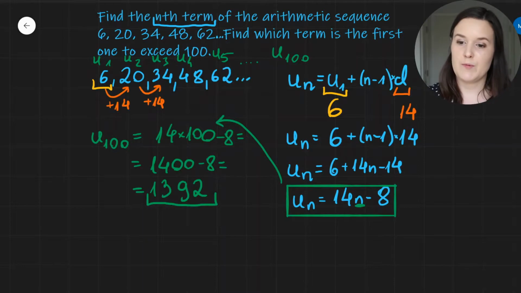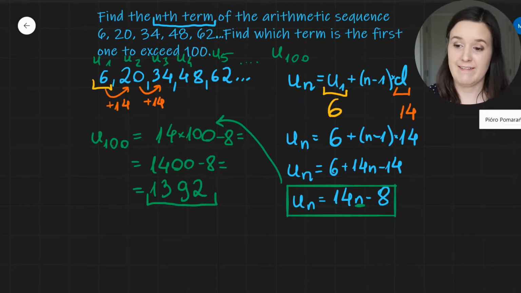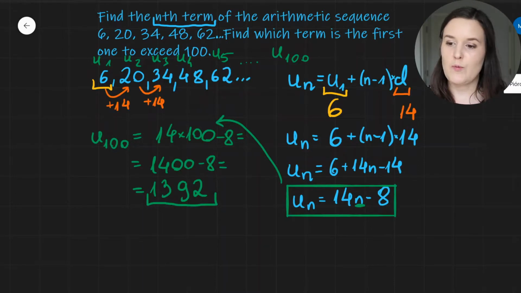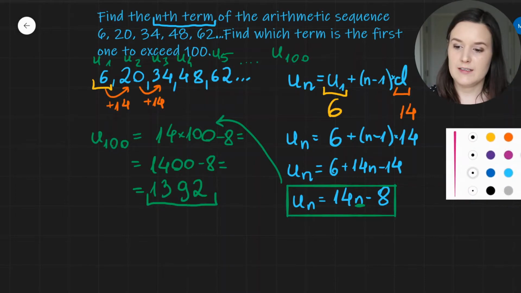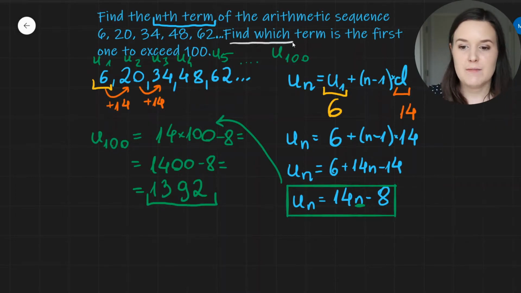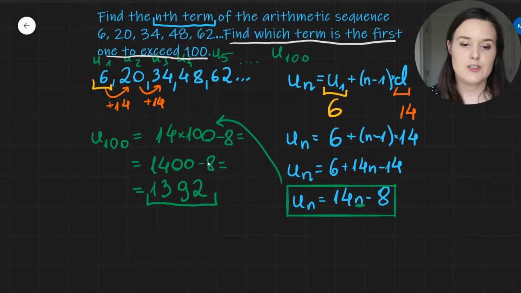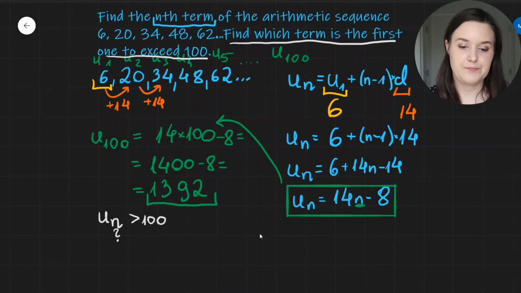So this is why we would want to find the formula. It's pretty handy. But now we have to find which term is the first one to exceed 100. So now we are asking which term, n is unknown, exceeds 100, is more than 100.